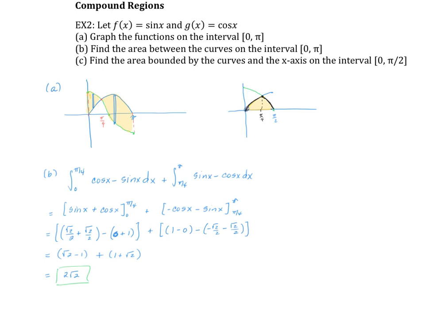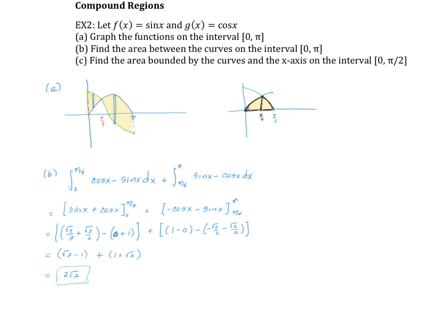So think about this. I'm computing the area, and from 0 to pi over 4, it's just the sine curve in between the x-axis. So sine is the upper, the x-axis is the lower. And then from pi over 4 to pi over 2, it's just cosine.